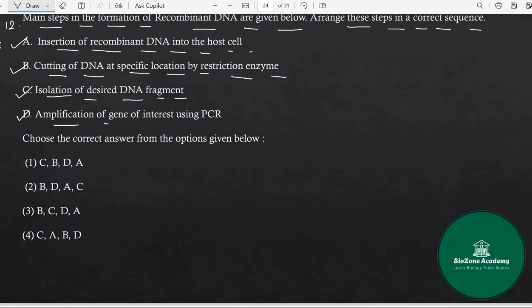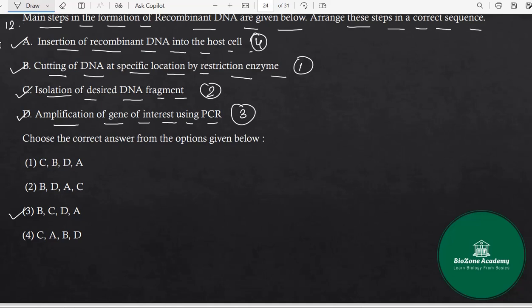D: amplification of the gene of interest using PCR. The correct option is B, C, D, A: cutting the DNA at the specific location by restriction enzyme, isolation of the desired DNA fragment, amplification of the gene of interest using PCR, and the last one is insertion of recombinant DNA into the host cell.